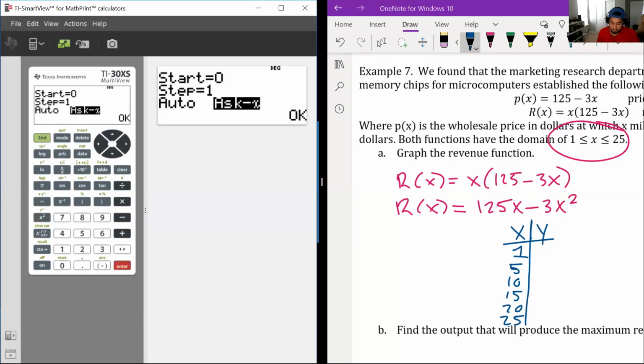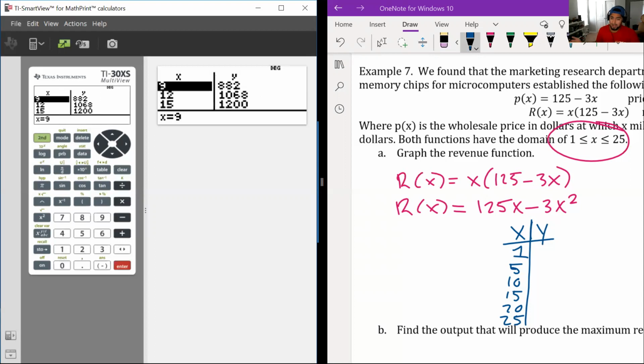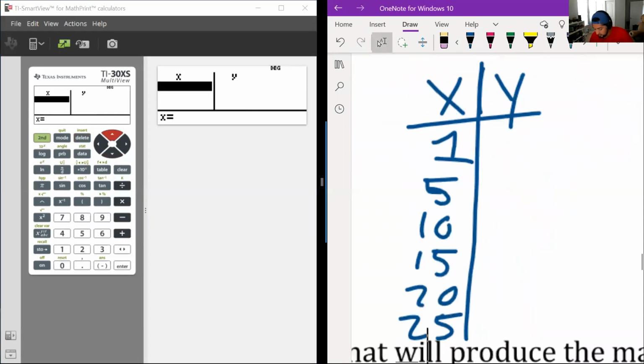Hit enter, enter, enter. If you left it on ask x from last time, then it should still be on it. Hit enter. And now if there's values there, just delete or overwrite them. And now let's type in our values. Let me zoom in over here so I can fit that. There we go.